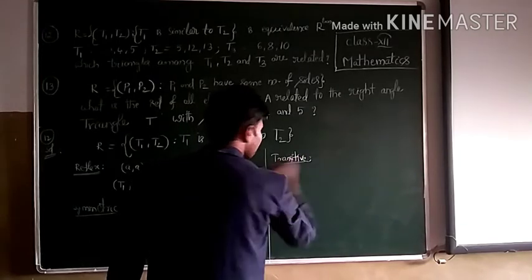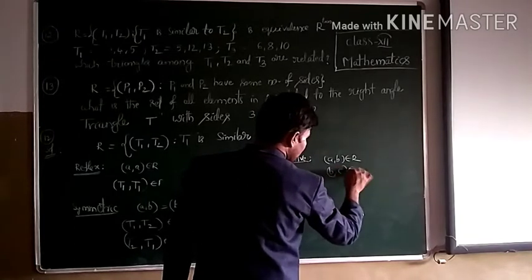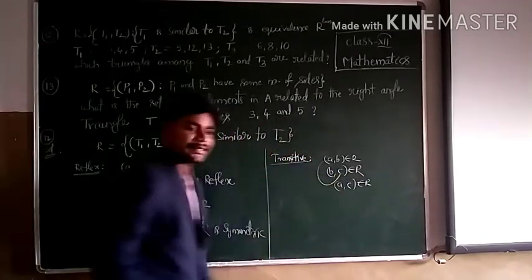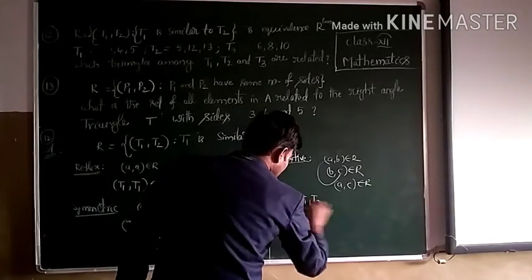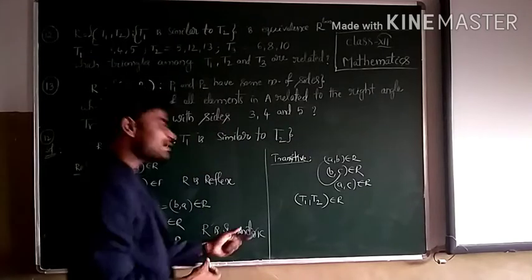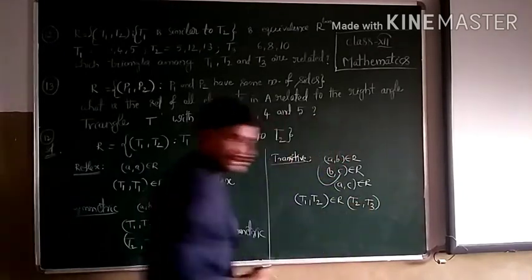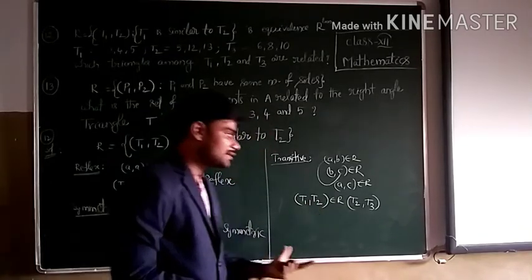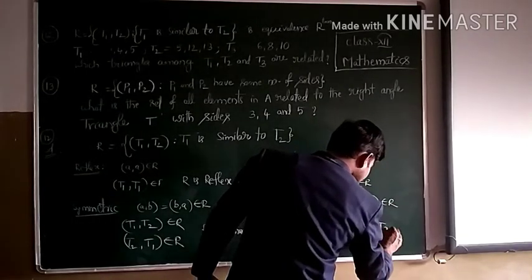Transitive relation says that if (A, B) belongs to R and (B, C) belongs to R, then (A, C) also belongs to R. Now let's see how this works. First, T1 and T2 are similar, so (T1, T2) belongs to R. Next, T2 is similar to T3, so (T2, T3) also belongs to R. Then finally (T1, T3) belongs to R.